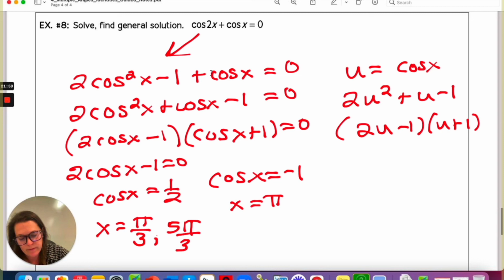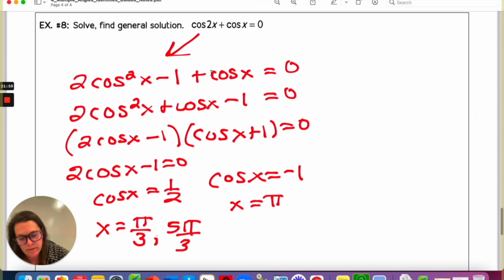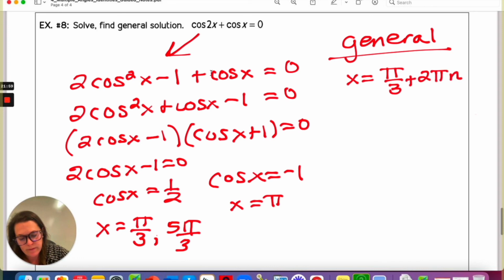So in our general circumstance, x is going to equal pi over 3 plus each full rotation, 2 pi n, where n is an element of the integers. And x is going to be equal to 5 pi over 3 plus every rotation, 2 pi n. And x is going to be equal to pi plus every rotation.